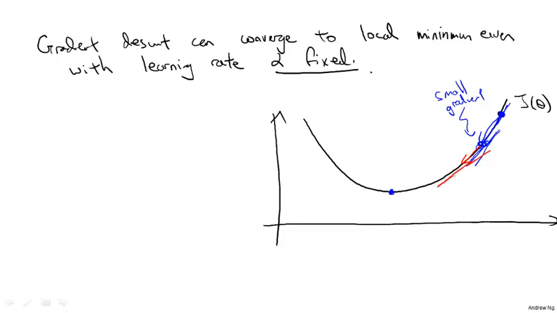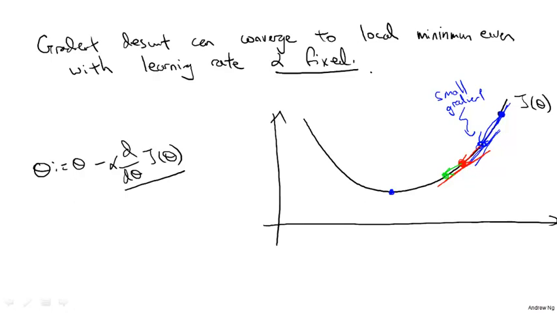And now this new red point has an even slightly smaller gradient. If you look at the update, theta gets updated as theta minus alpha times d/d theta of J of theta, and at this red point the derivative is even a little bit smaller. And so my next step, which I'll draw in green, is going to be even a little bit smaller, and so on.